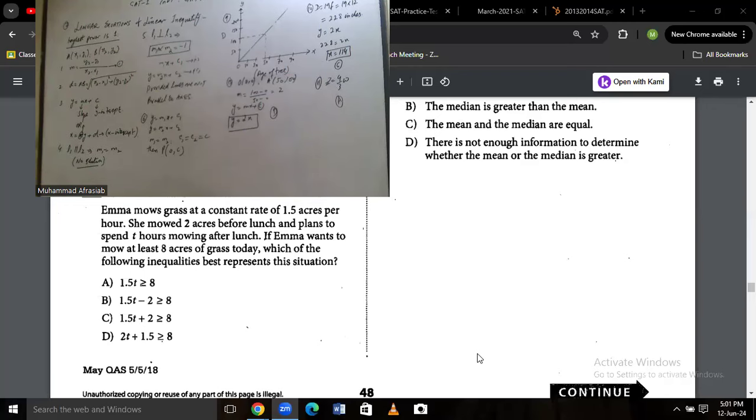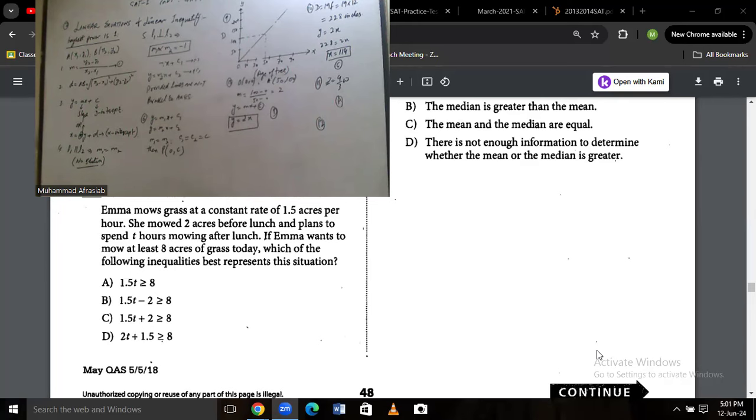Question number 12. Emma mows grass at a constant rate of 1.5 acres per hour. She mowed 2 acres before lunch and plans to spend 3 hours after lunch.